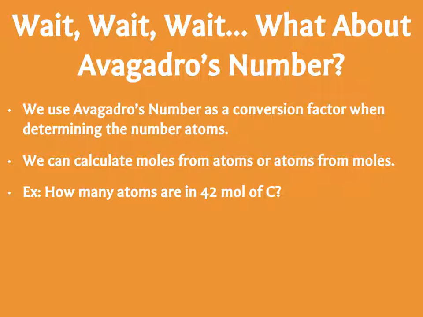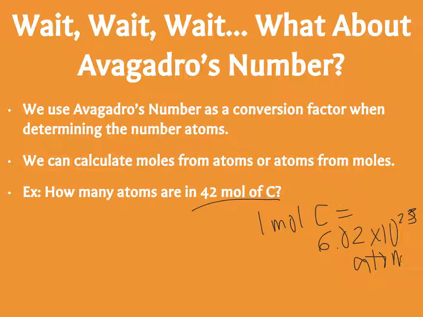So for example, how many atoms are in 42 moles of carbon? Well, I'm going to start with the number and unit given, which is 42 moles of carbon. Now my conversion factor, though, I'm trying to get to atoms. Well, 1 mole of carbon, or any atom, is equal to Avogadro's number, 6.02 times 10 to the 23rd, number of atoms.